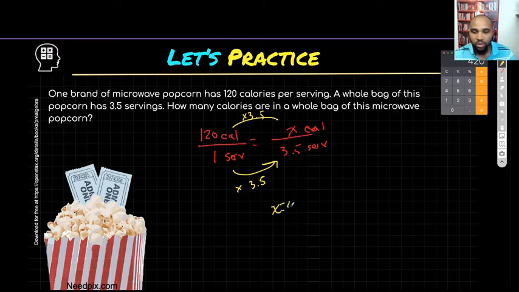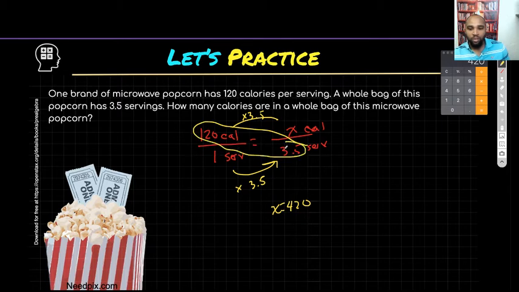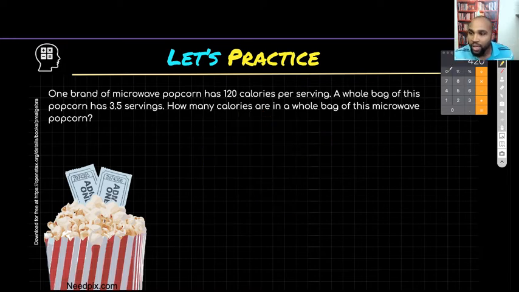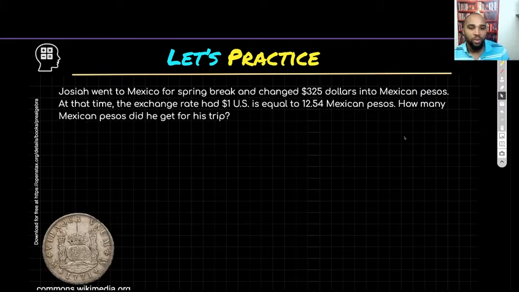X equals 420 calories in 3.5 servings. And you can see that if I were to cross multiply, that's really all I'm doing, right? 3.5 times 120, 1 times x is just x, and there's our answer. So no matter how you slice it, it's coming out the same way. And that's what I love about math, there's no one way to do most problems. You can do it multiple ways.